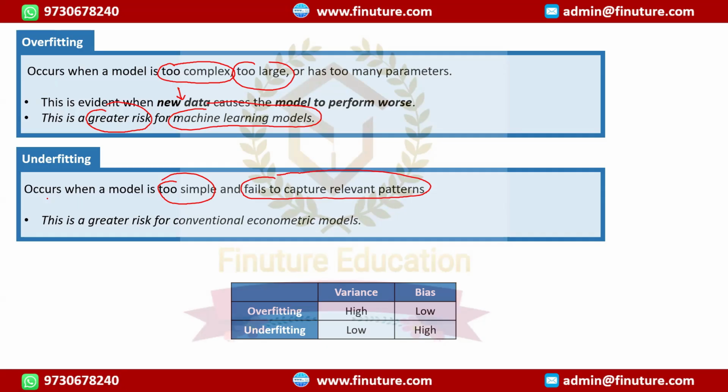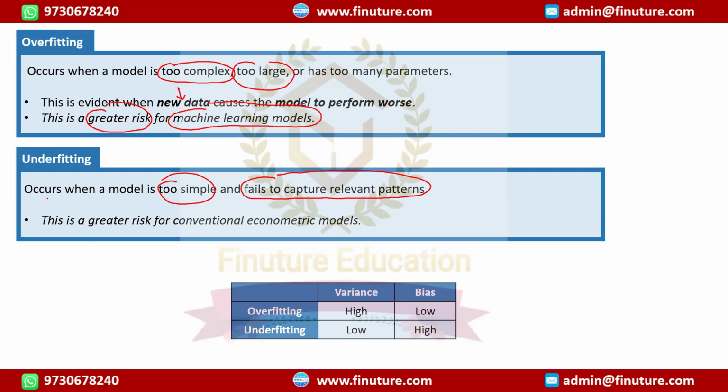So to summarize, overfitting has high variance because it works well on trained data but doesn't work well on tested data, and low bias because your model works very well on the trained data. On the other hand, for underfitting, you might think you have low variance because it performs consistently on trained data and tested data.